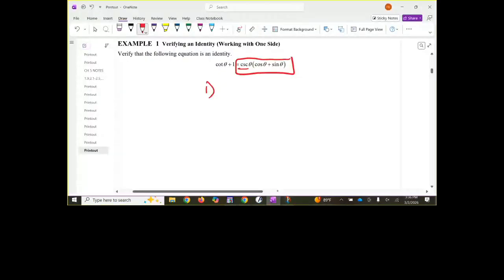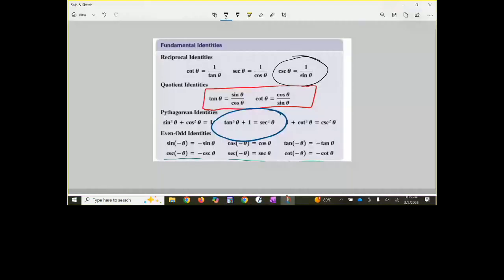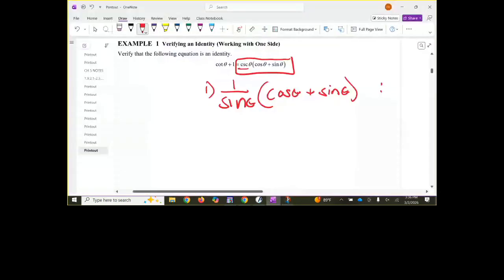Okay, so my first step is I'm going to write 1 over sine theta, cosine theta, plus sine theta. Okay, y'all, right next to it, I'm going to say, what did I use? So when I come back over here, see how this says reciprocal identities? Y'all, I'm going to keep this easy. I'm going to go RI. That was a reciprocal identity.